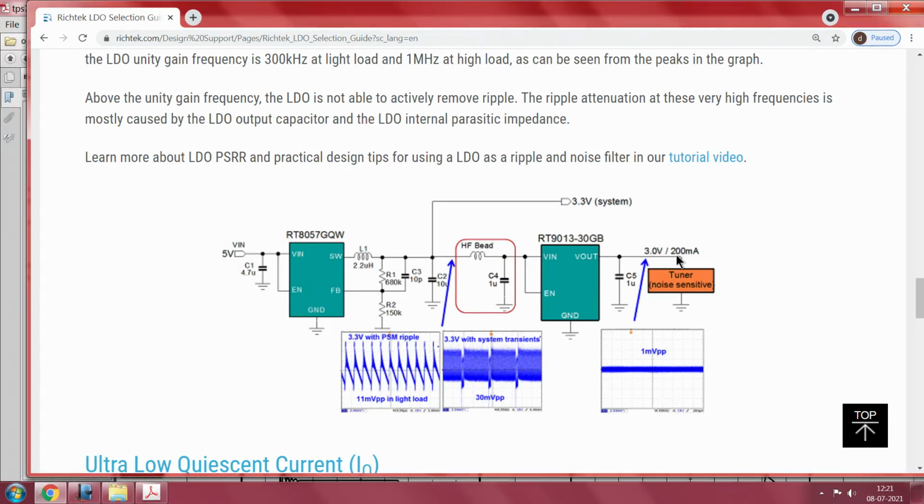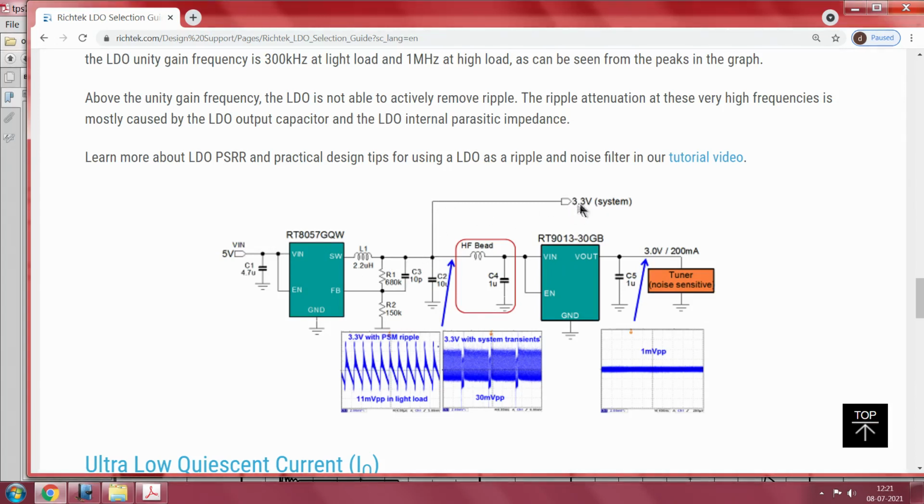Now if you want to get 3 volt at 200 milliampere, you do not want to go very high, you want to be very close to 3 volt so the dissipation across this can be reduced. So what does he do? He brings 5 volts down to 3.3, and that is what he takes as a tap out.